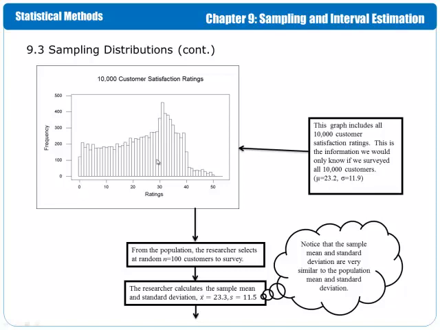From that population, for our study, we collect a sample of n equals 100 customers to survey. Once we have done that, we calculate the sample mean and the standard deviation. We'll suppose that our sample mean came out to be 23.3 and our sample standard deviation came out to be 11.5. If you look at the population values, you can see that our sample values are fairly close.